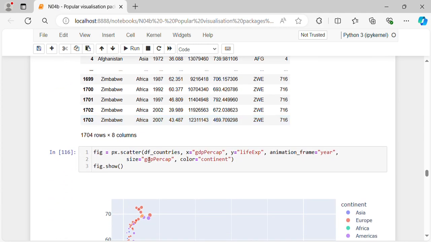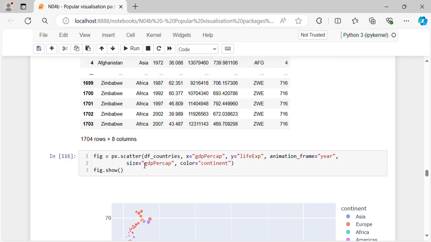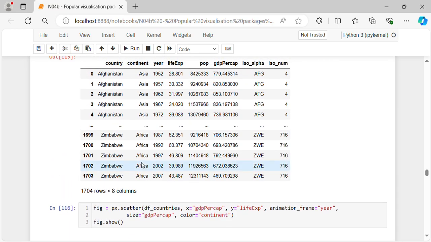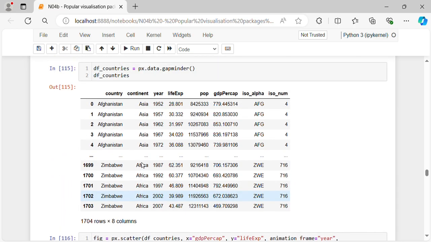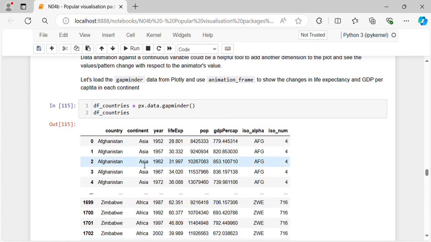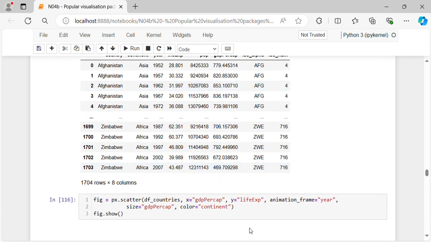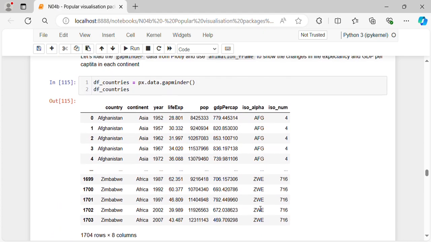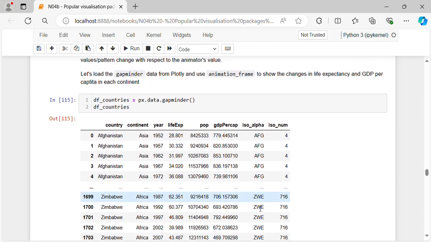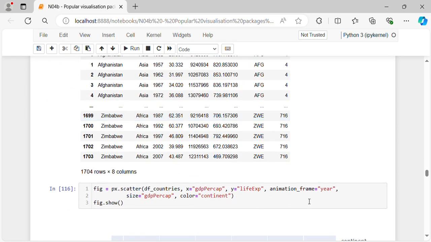Let fig equal px dot scatter of countries data frame, x equal GDP per capita. So the x-axis shows the GDP per capita, and y equal life expectancy. So the y-axis shows the life expectancy, animation underscore frame equal year.